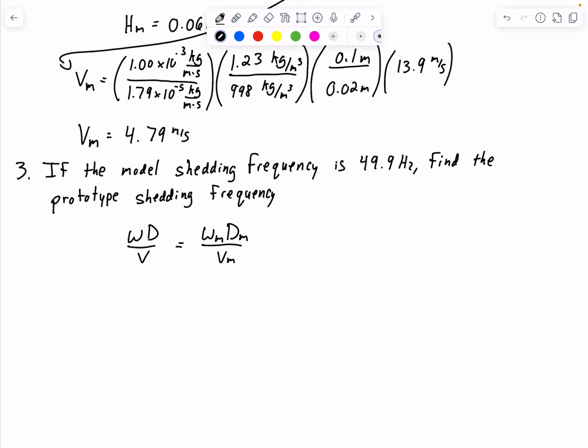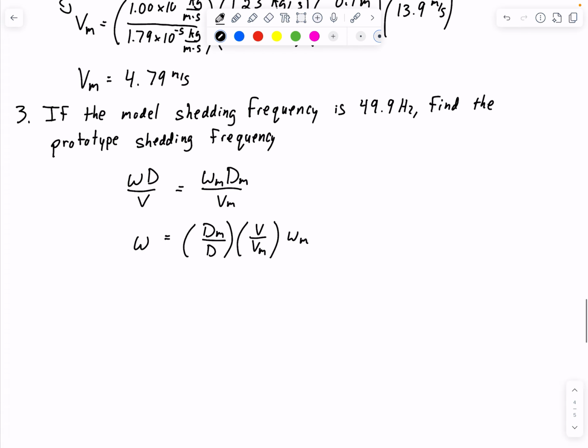And we want to know what omega is for the prototype, the original system. So we can rearrange to solve for omega, and we see that this is equal to this ratio of Dm over D times this ratio of V over Vm times omega of the model.